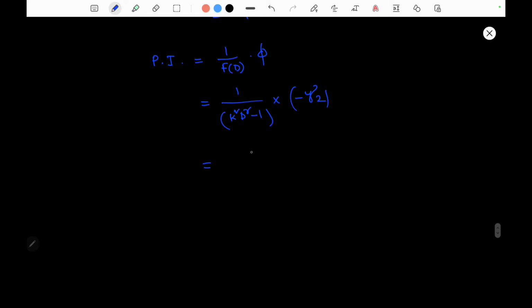Now if we solve this, the minus we can move here, so it will be 1 by 1 minus k square D square into y2, and we write it like this.